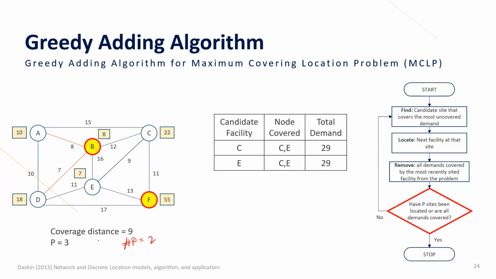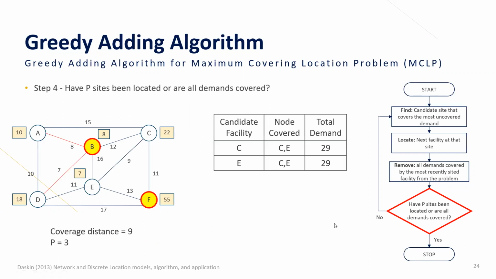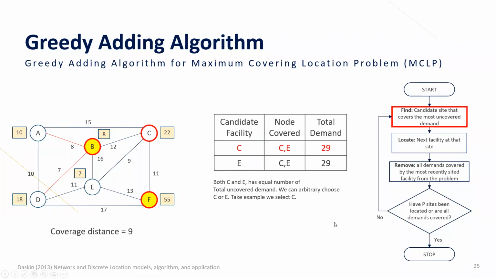So you can still have one more, right? So you can go to the same iteration, same process, but for now you have the same total demand. How do you select out of this? Yeah, just select either way is okay.